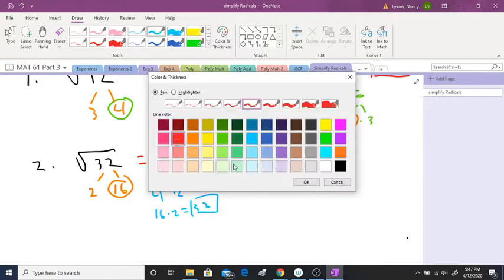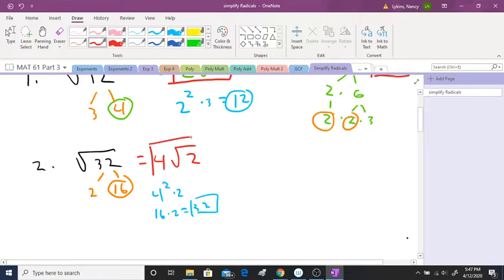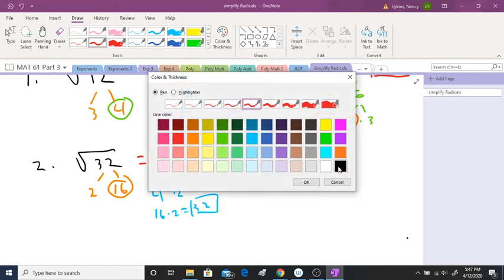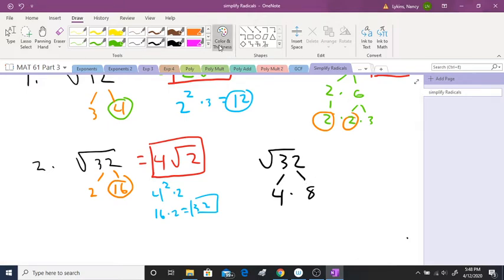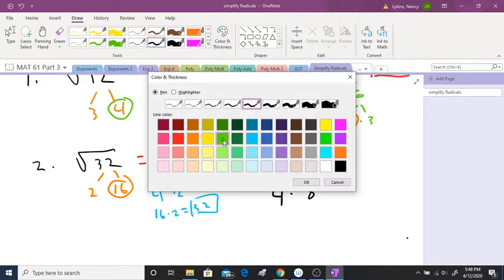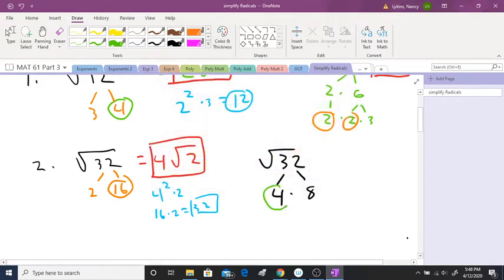And I know this is a quick way. I'm meaning to do this quick because this is how I look at it. I do 2 times 16. However, some of us in here may do somewhere a different way. We may say 32 is maybe 4 times 8. Now, right off the bat, I'm looking at this 4 because that is a perfect square.